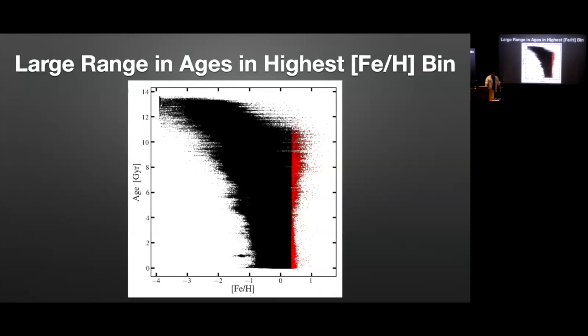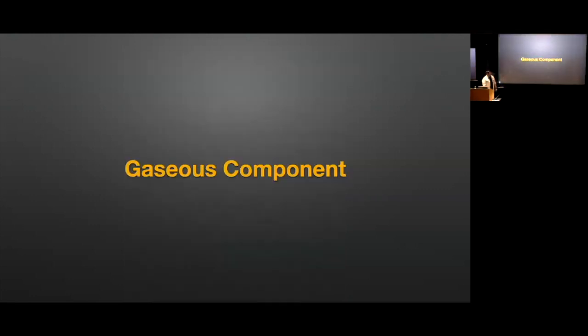And this is the same if you look at the alpha elements. If you do magnesium to iron, it's similar. It doesn't work as well. So that's what we've found for the stars. Next, I'll talk a little bit about the gaseous component.